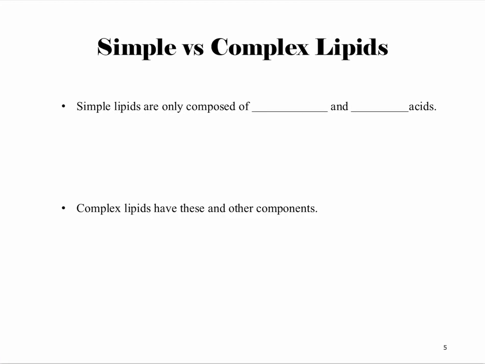All right. Okay, so simple versus complex lipids. Simple lipids are only composed of alcohols and carboxylic acids.